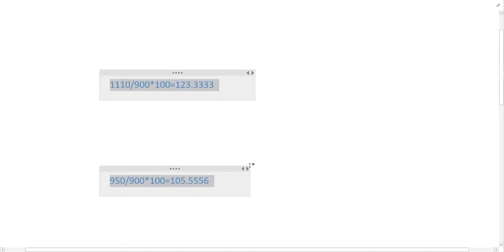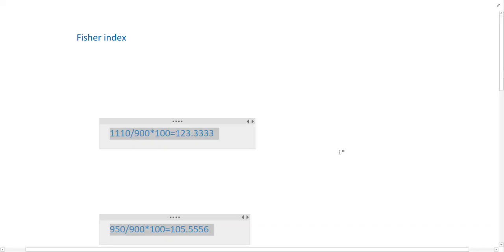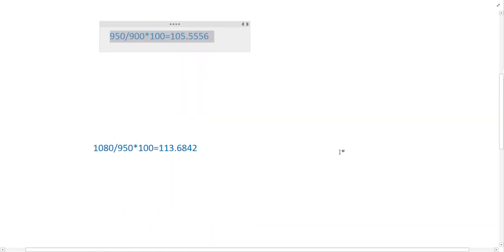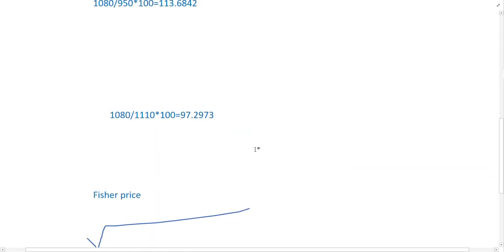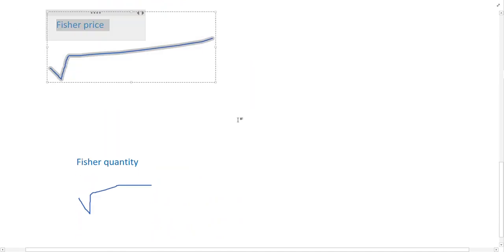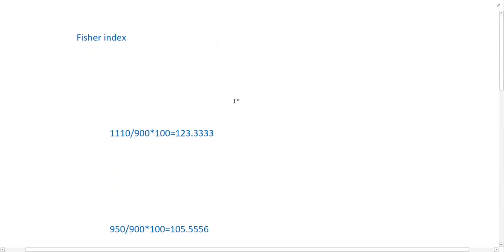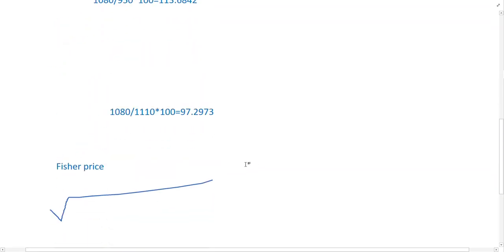If you want to use the benefit of both, the Paasche index and the Laspeyres index, what you could do is, once you have found the indexes like I've previously done, take those and multiply them by each other.